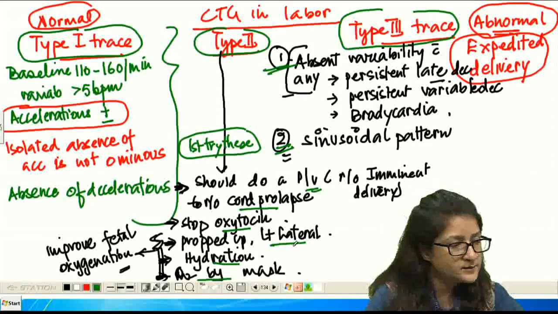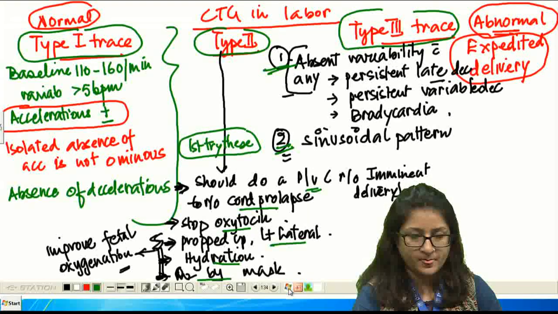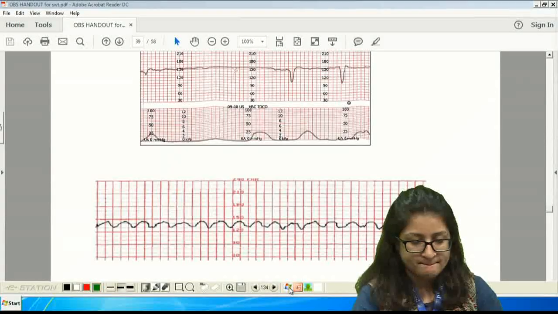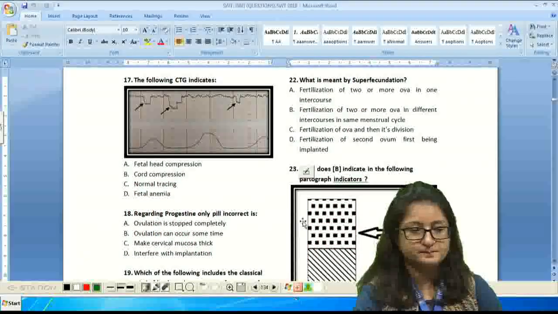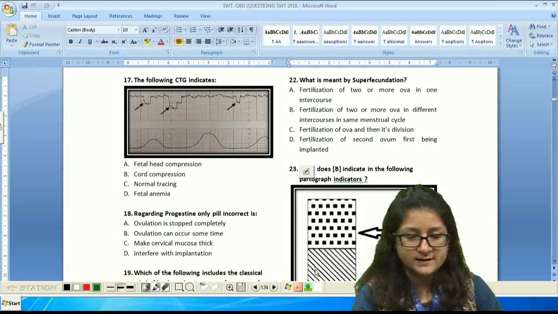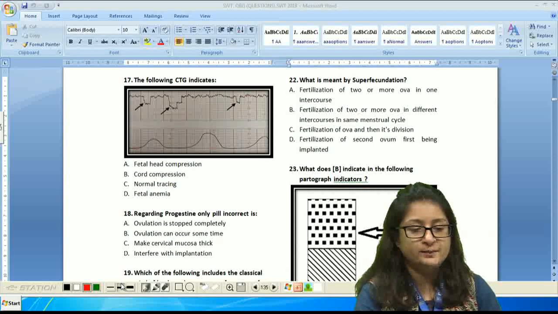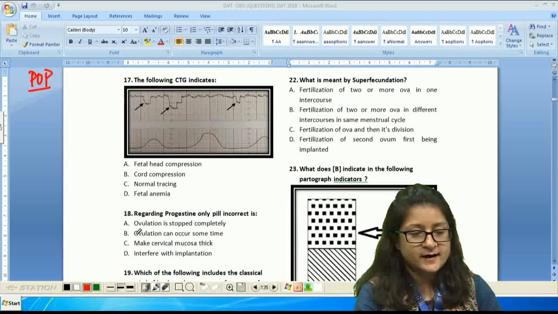Alright, now let us move on to the next question, question number 18. Question number 18 is asking regarding the progesterone only pill, what is the incorrect statement?